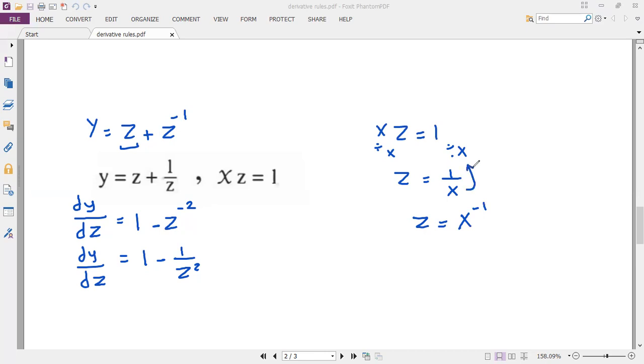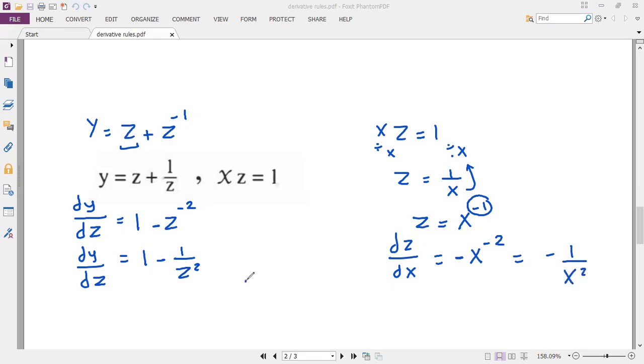I moved it up and changed the sign of the power. Then dz over dx equals, here the power is negative 1, so it's negative x, and subtract 1 from the power, it's negative 2. We can tidy it up and write it as negative 1 over x squared.